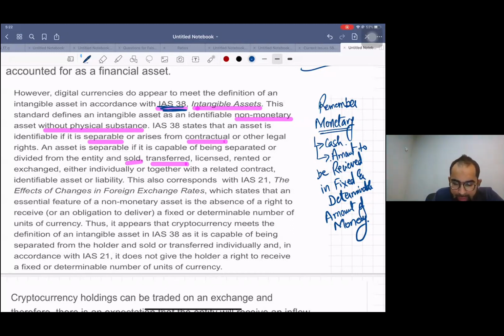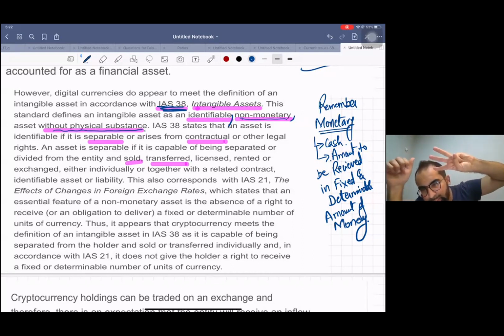This standard defines intangible asset as identifiable, non-monetary asset without physical substance. See, identifiable, non-monetary, without physical substance. Three lines. Those who want recording, I'll give them.